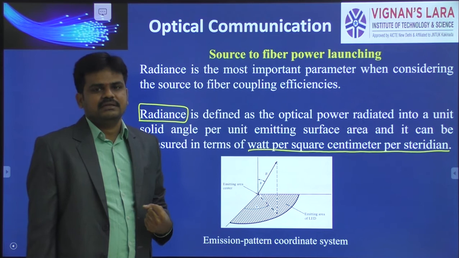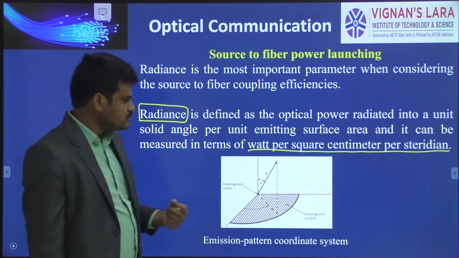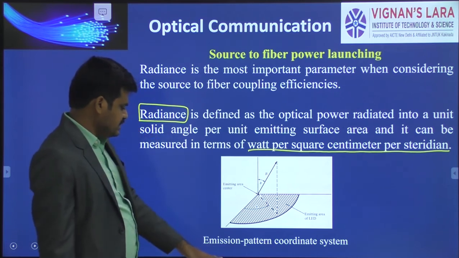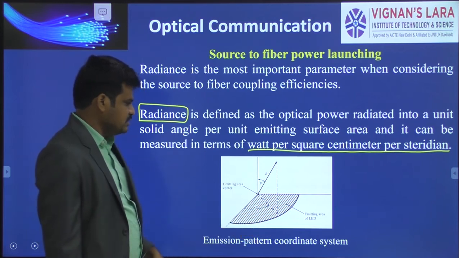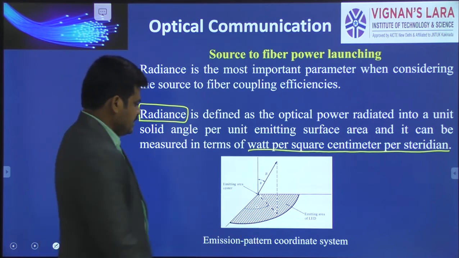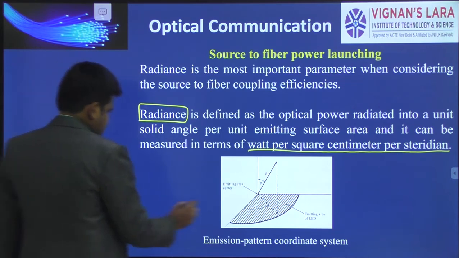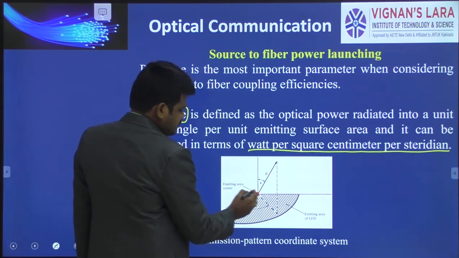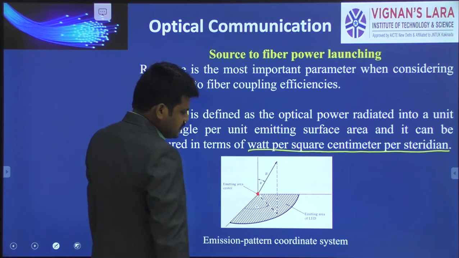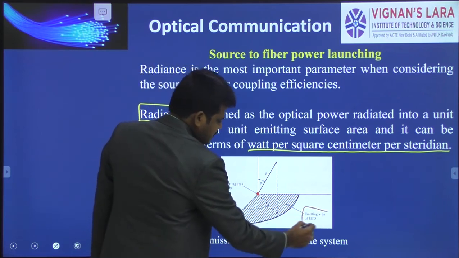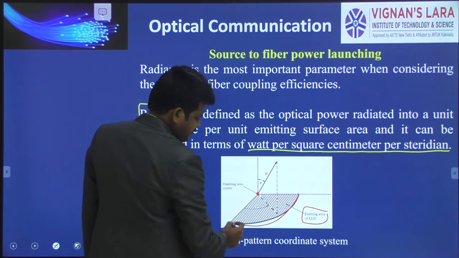You can observe here the emission pattern coordinate system. You can see the diagram here. This is the emitting area center, the emitting area of the LED.